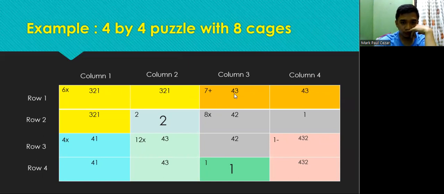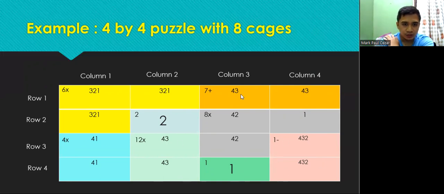That's why I put the possible combination here, 4 and 3, because I can put 4 here or 3 here or vice versa. It will be dependent on the rule later on because always remember that our rule says that we shouldn't have any repeated number in each column and each row. Got it?